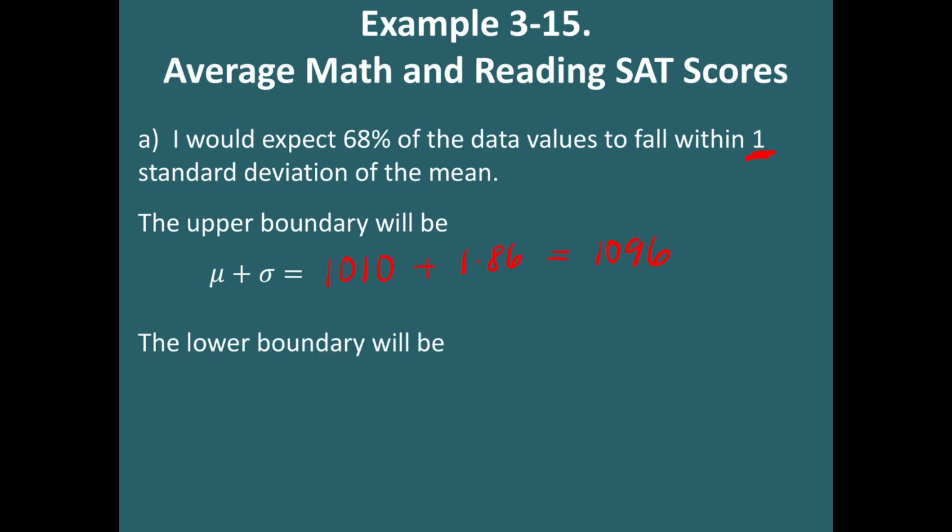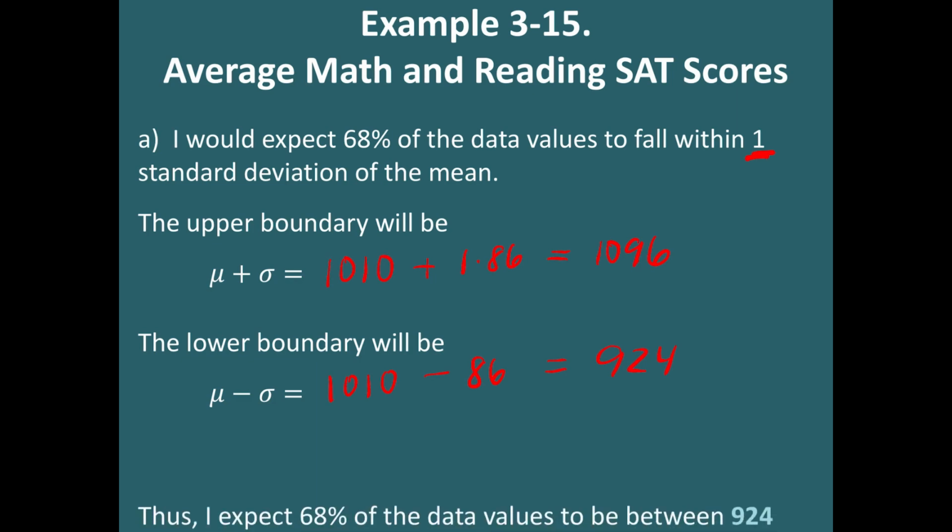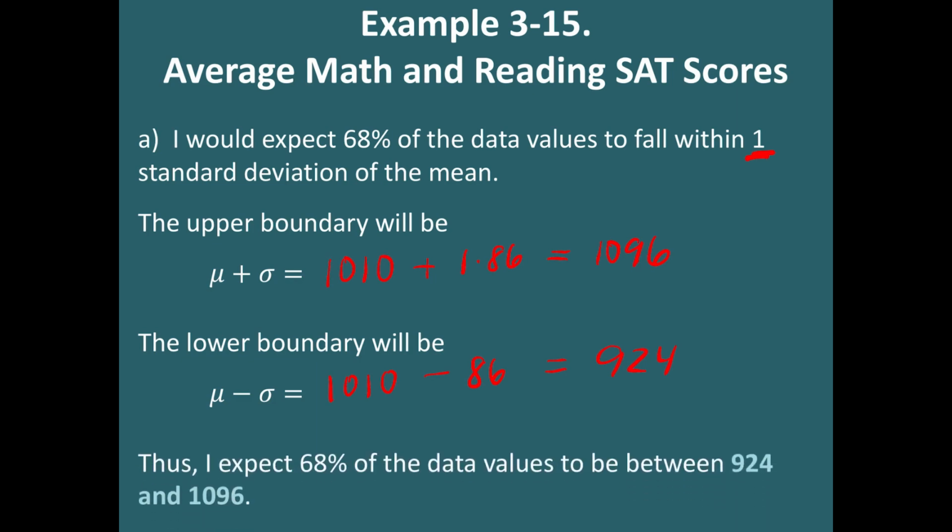And the lower boundary will be similar, but with subtraction. 1010 minus 86, in this case, equals 924. Thus, I expect 68% of the data values to be between 924 and 1096.